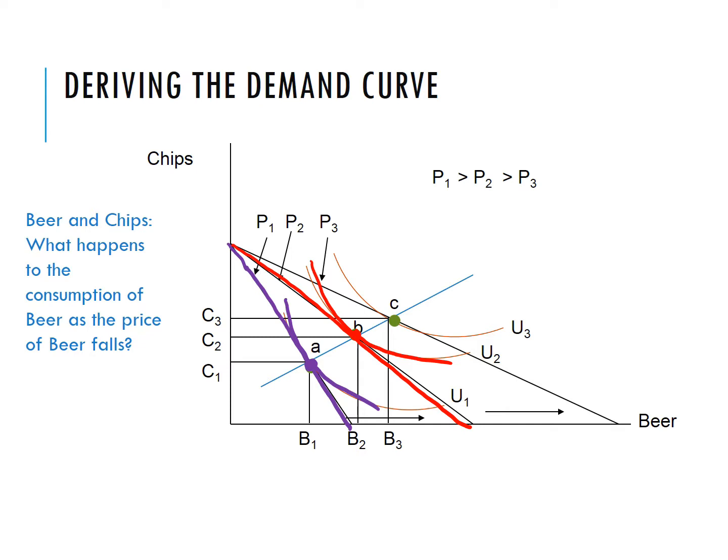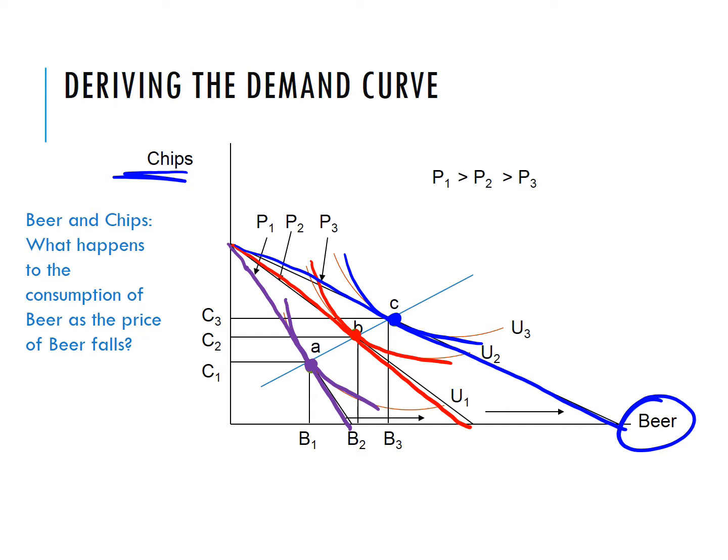Finally, the price of beer falls again, and once again the budget constraints pivot out. We then choose point C. So, now that we have three utility maximizing choices, we want to graph the relationship between the price of beer and the quantity of beer. On this graph, we have quantity of beer here, but of course, chips is on the y-axis, not the price.